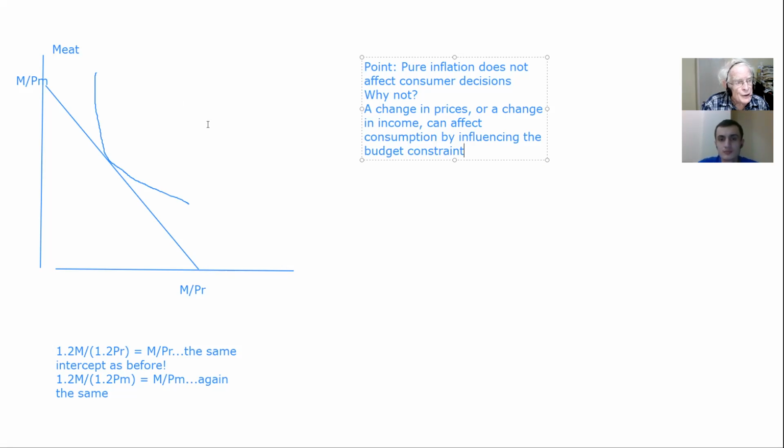So, for example, suppose we have only a 50% increase in income, but the prices remain the same. Then, in that case, our budget constraint is shifting out. Looks like this.